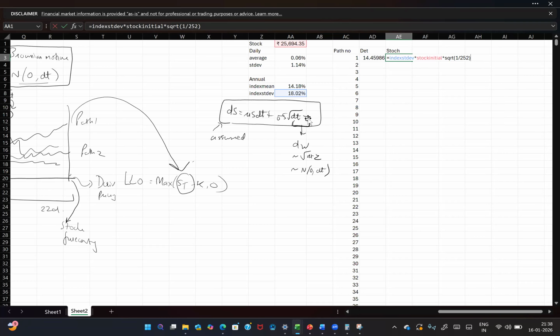Before I complete this, let's understand what is this Z value. Z value, as I was saying, was the number of standard deviation movement. So when we have a standard normal distribution, the Z value is plotted on the x-axis. That tells us the number of standard deviation movement. Now the question is, how do we simulate this in Excel?